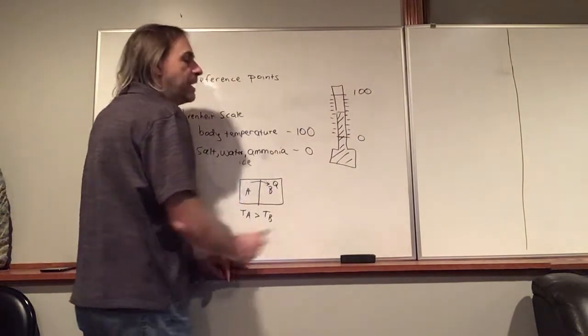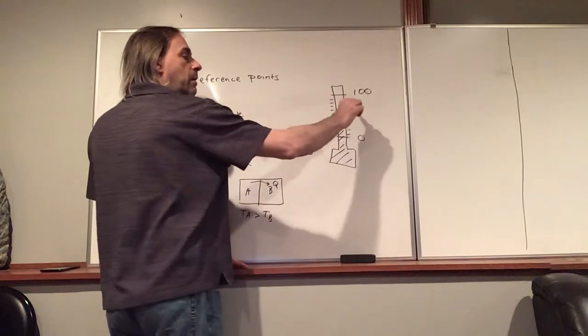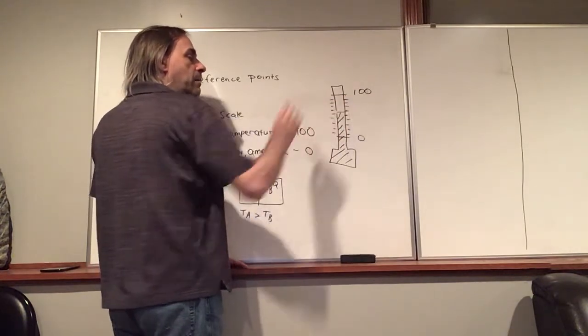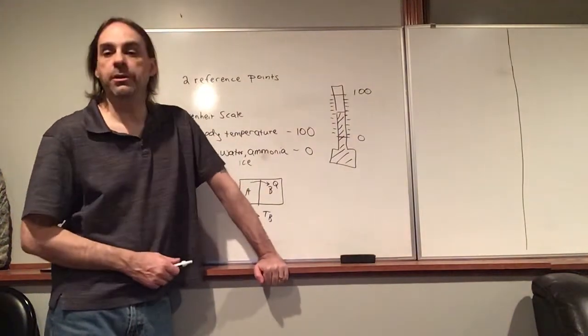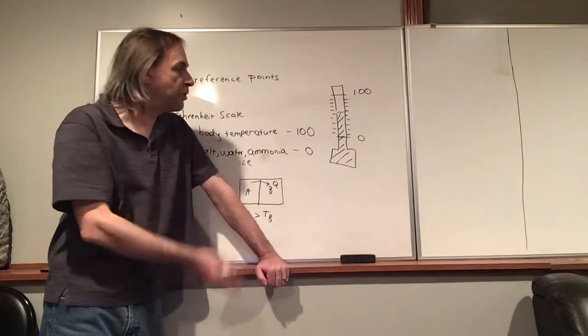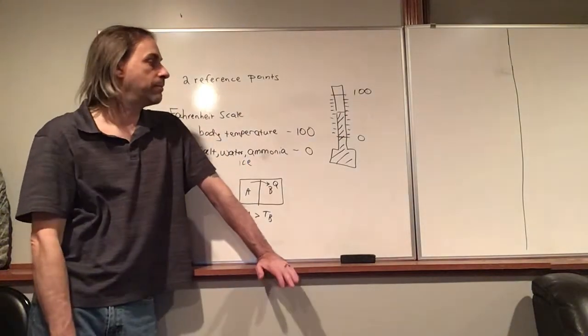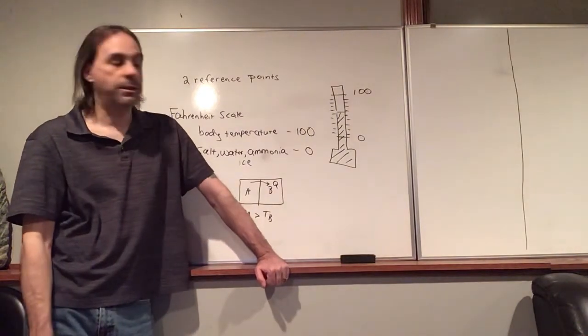So each of these tick marks would be 10 degrees. So this would be 50 degrees here, this is 60, so this might be like 58 degrees. You can make these tick marks smaller and smaller, and to make finer and finer divisions, you can read things more accurately. So that's the basic idea behind how a thermometer works.